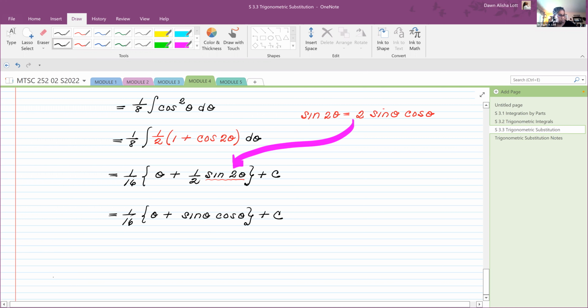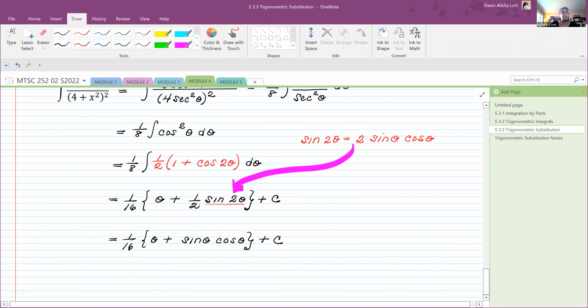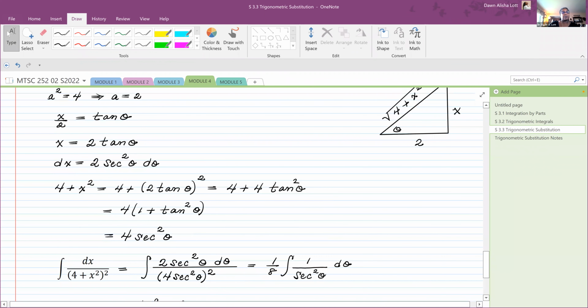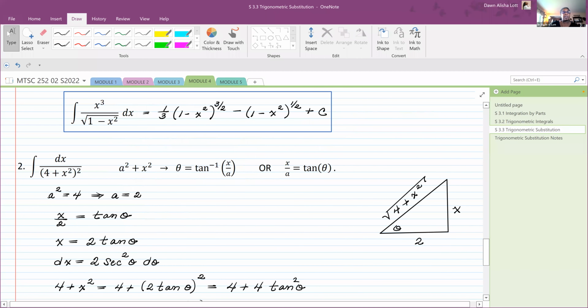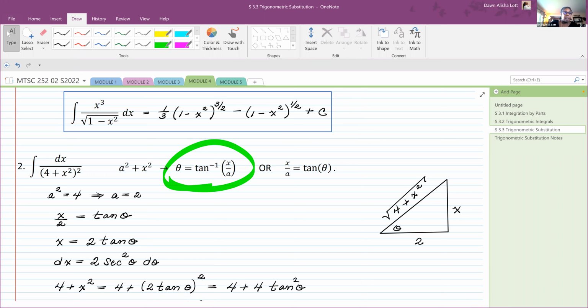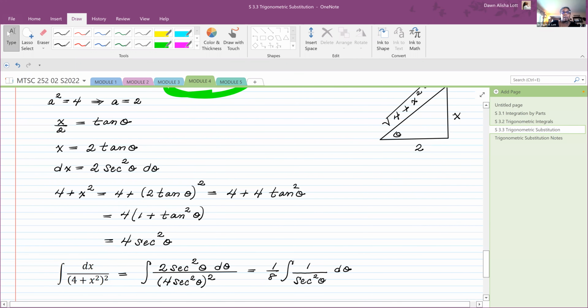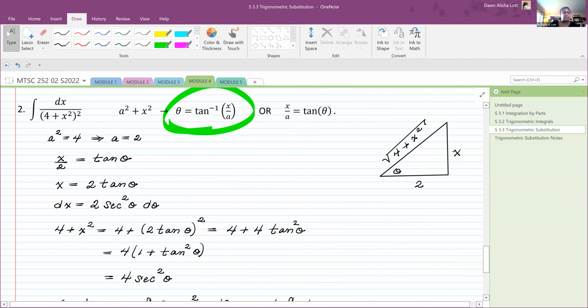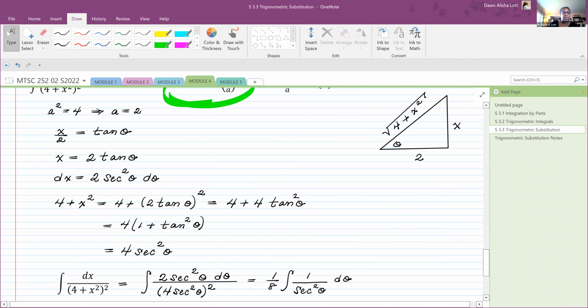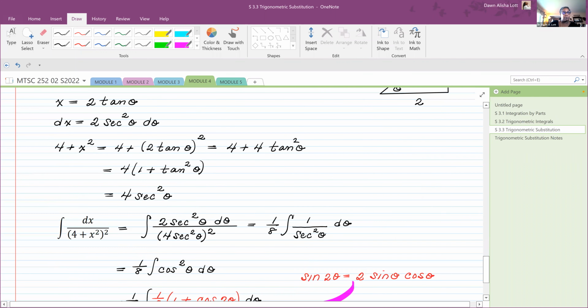Okay, remember now, it looks great. We got a plus C, but this doesn't look like it was when I gave it to you. So we got to go back up to the problem. We got to find theta. Theta is the tan inverse of x over a. So we have that. And let's see. I don't see the sine of theta or the cosine of theta anywhere in our problem.